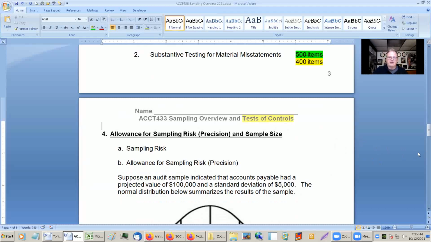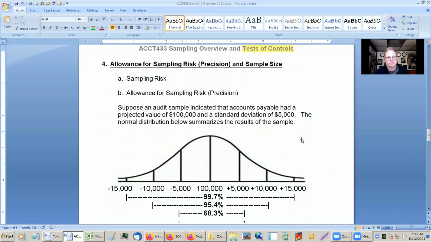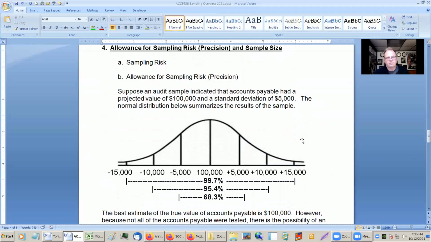We've already talked about this a little bit. Sampling risk is the risk that your sample does not represent the population as a whole.